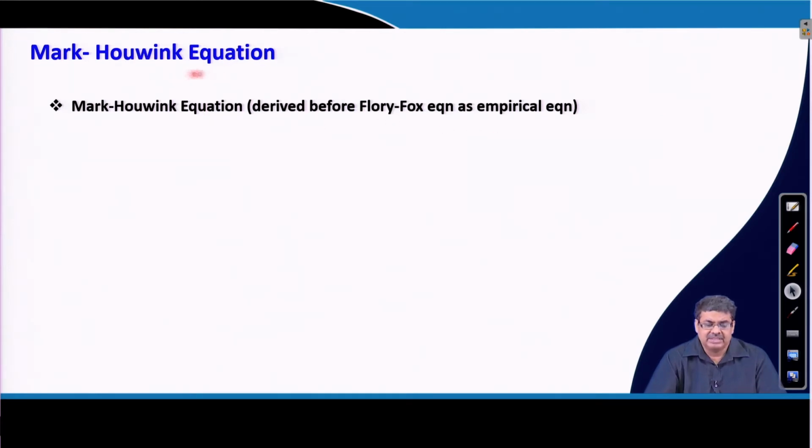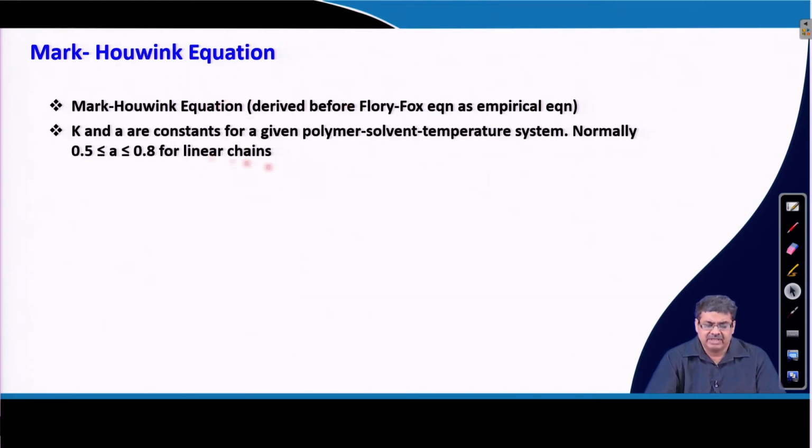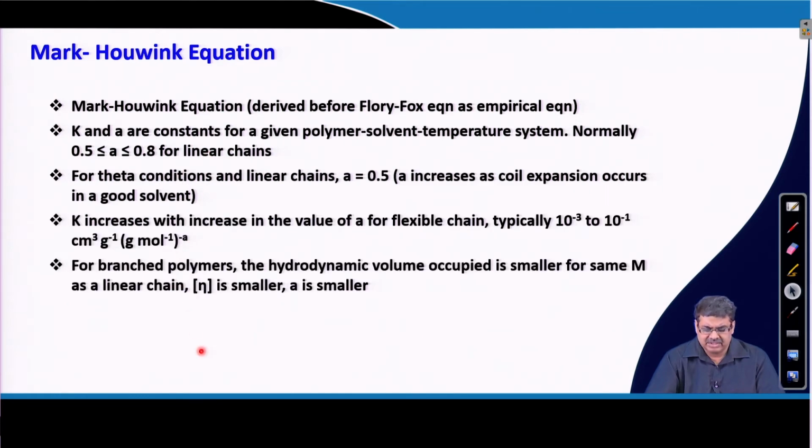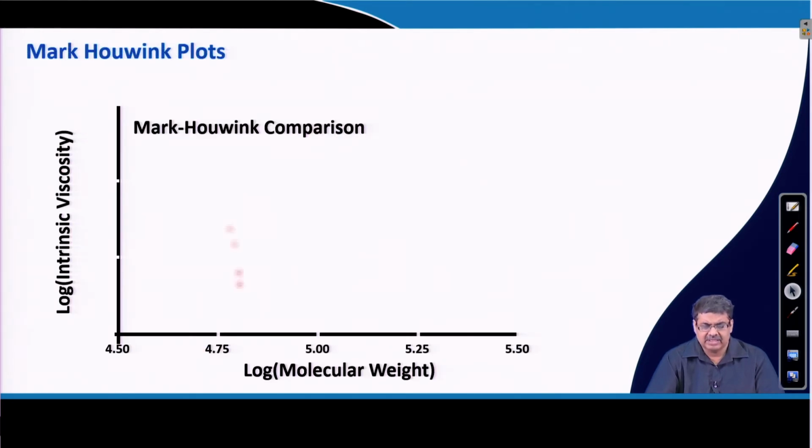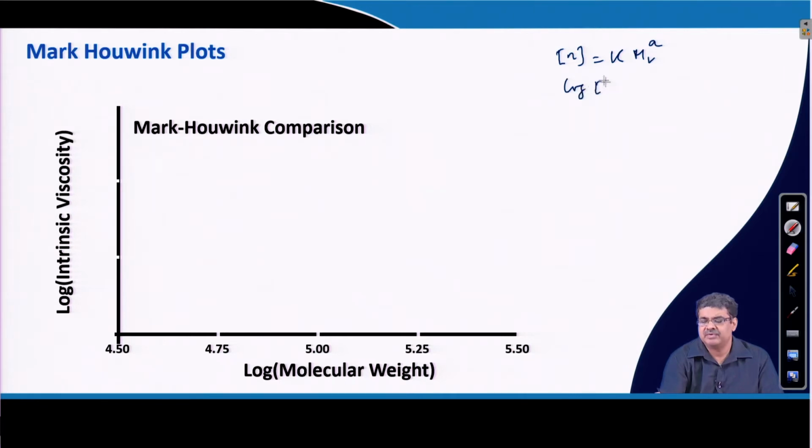Now, this is the Mark-Houwink equation. We have talked about this again, and to find the viscosity average molecular weight, we can plot log. We have intrinsic viscosity given by K Mv to the power A. So, if we take the logarithm of both sides, we get log K plus A log Mv.